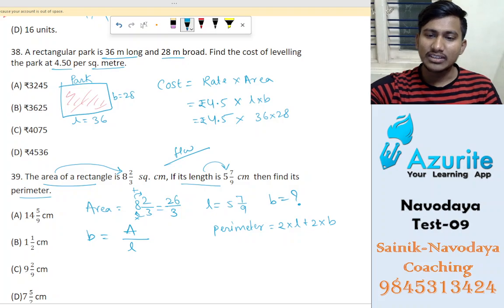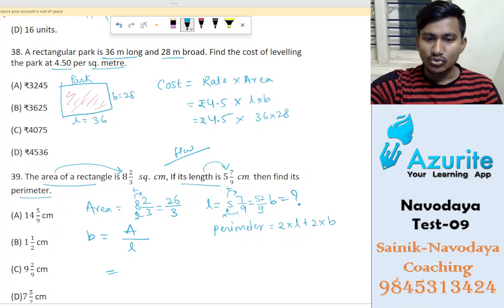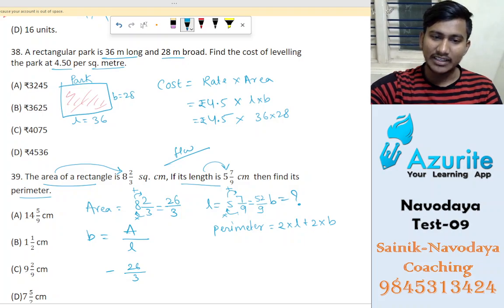Now if you convert this into an improper fraction, 9 5s are 45, 45 plus 7, yes, 52 divided by 9. So area is 26 divided by 3, and whole divided by length, we have to do.